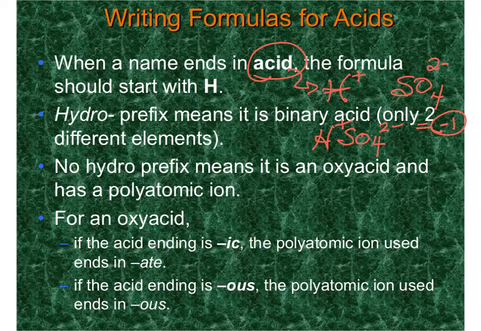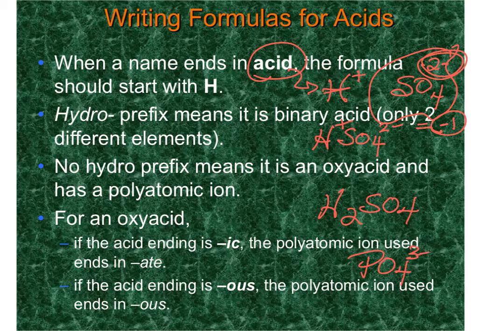What determines how many hydrogen ions you have in a formula is how many it takes to neutralize the anion. So since you have a -2 charge here in the anion, you need H2SO4. Okay, so if, let's say, phosphate, which is a -3 charge, if you wanted to make the acid from that, it's 3 hydrogen ions to neutralize that -3 charge. So be careful with that.